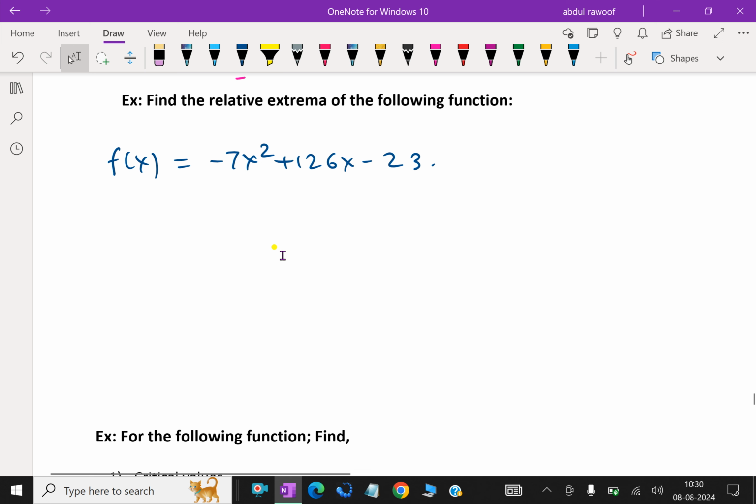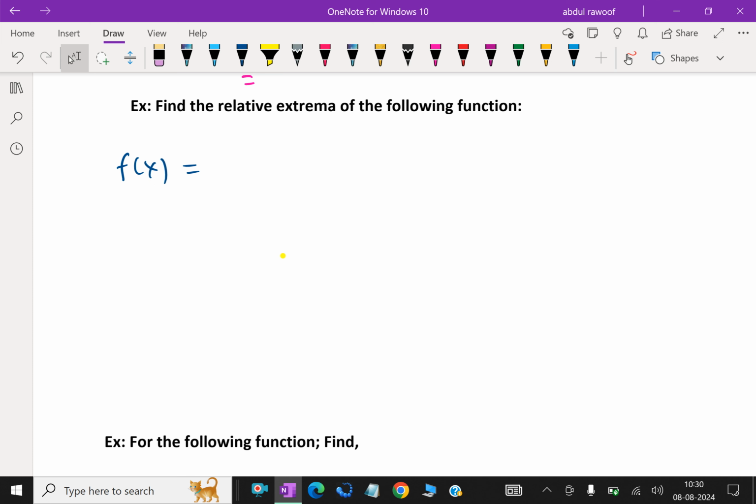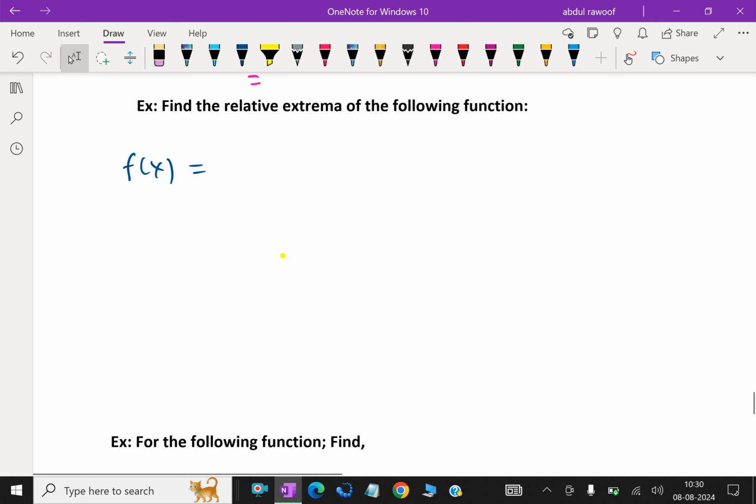Suppose f of x equals 3x cube minus 36x square plus 135x minus 13.